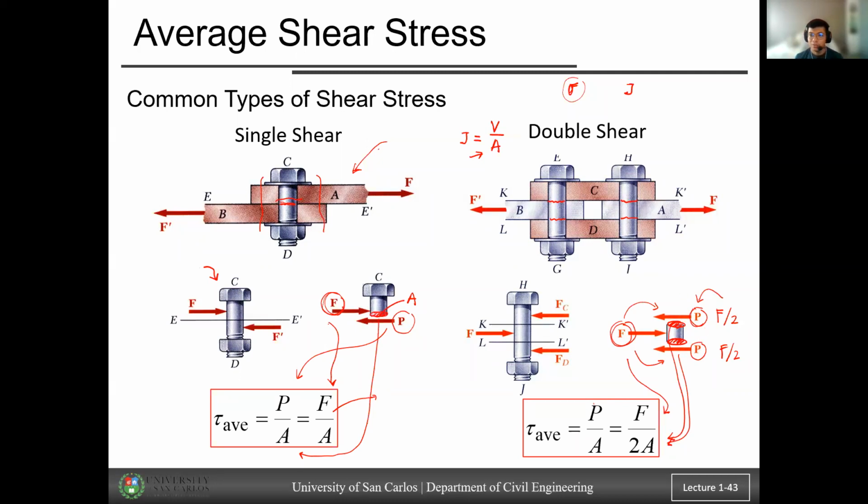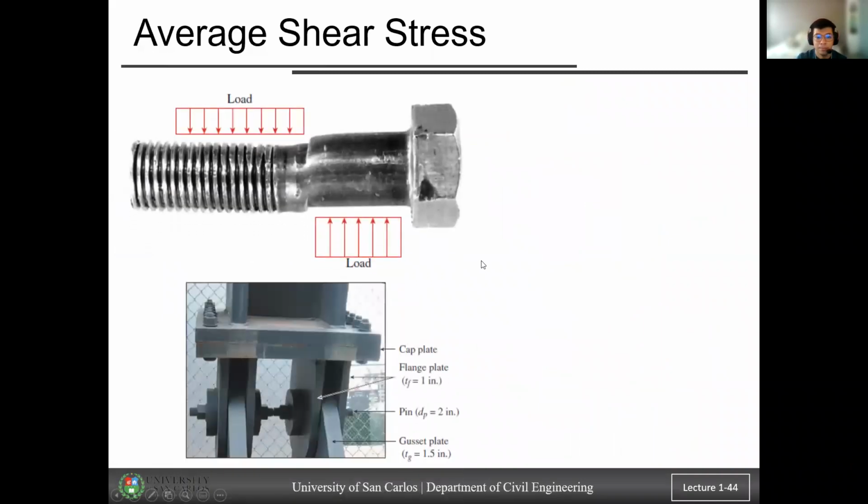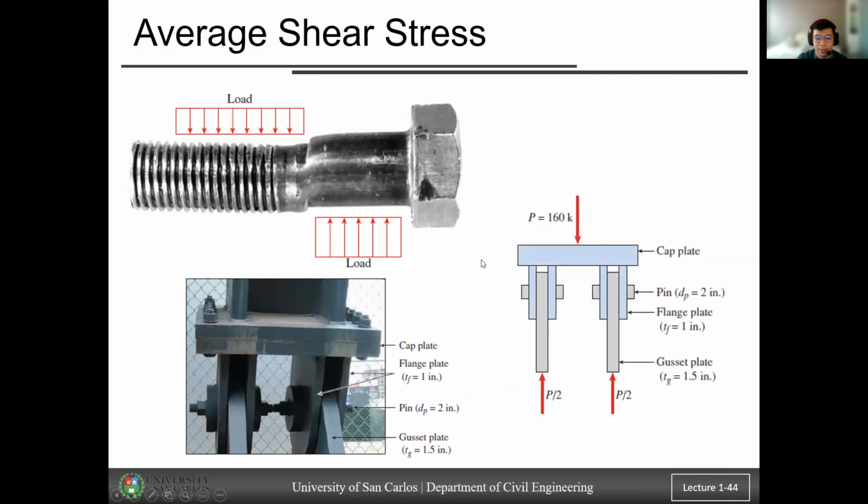Okay, so questions so far. None so far, sir. Okay, so these are examples of the shearing behavior.